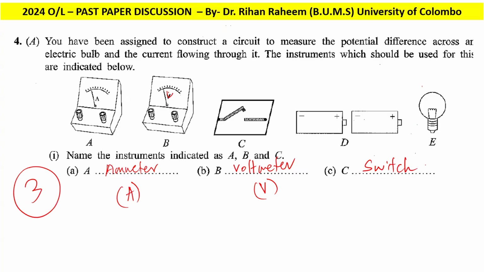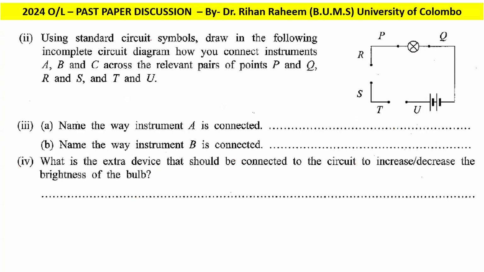3 marks. Using the standard circuit symbols, draw in the following incomplete circuit diagram how you connect instruments A, B, C across the relevant pair PQ. How do you connect this ABC? Wait. What is A? Ammeter.